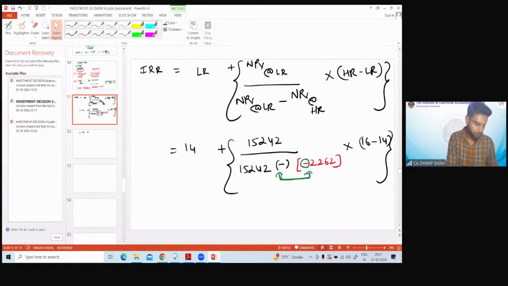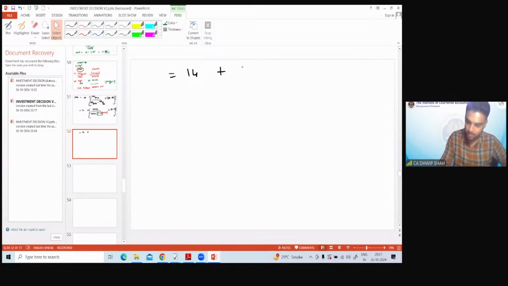15242 plus 2262. Answer of bracket is 1.74. If we solve the bracket inside, it comes to 1.74. So my IRR is somewhere around 15.74%.